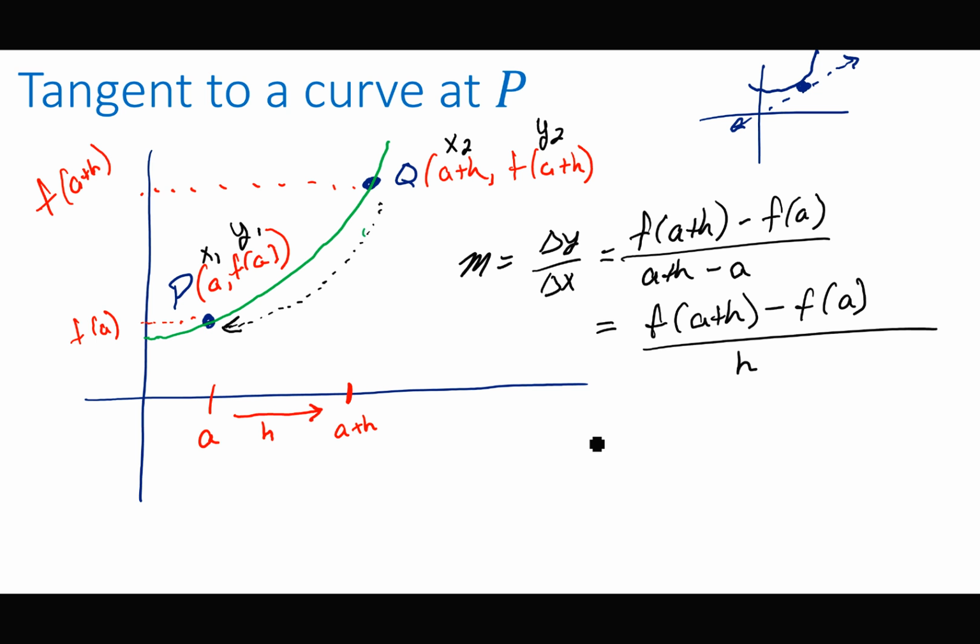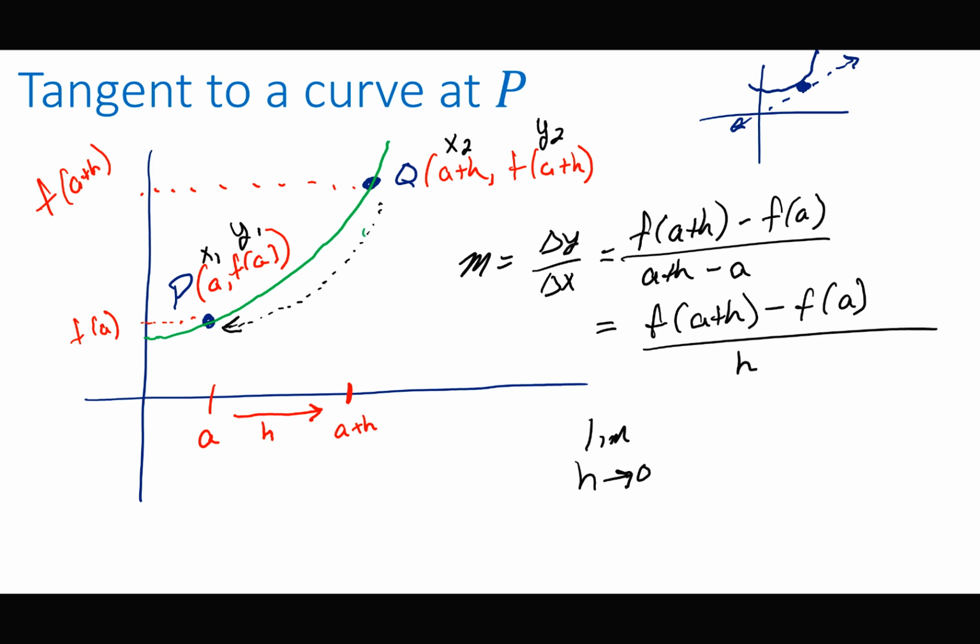All right. And how I want to evaluate this, I'm going to say my limit as h approaches 0. H approaching 0 means as I'm moving this Q down the green line, this distance h that I have here in red is getting smaller and smaller. So when I say h approaches 0, I'm trying to get those two points to eventually lie on top of each other.